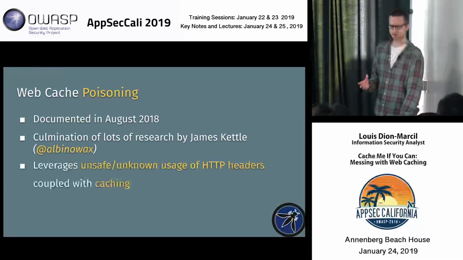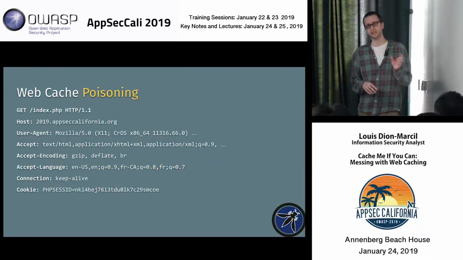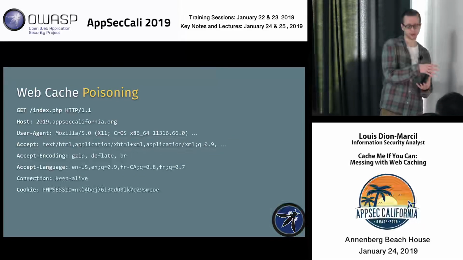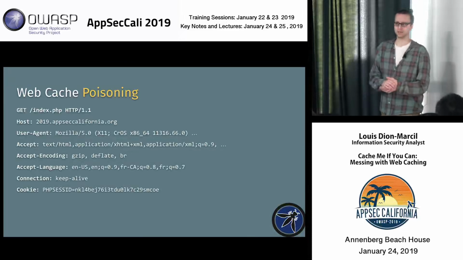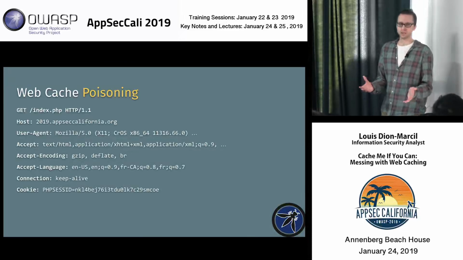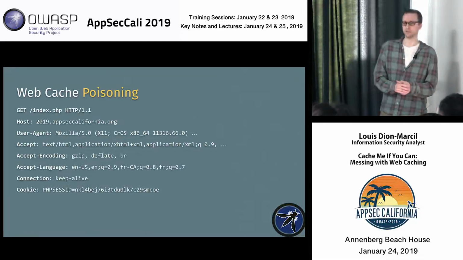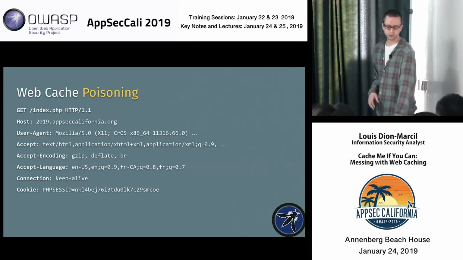So briefly, we talked about caching and how caching works, and we said that the cache server would see the file name and then store a copy and then serve that same copy to everybody else afterwards. But when you think about that, that's a naive way of doing caching, because in the modern web, sure, the file name is going to remain constant, but that's kind of the only thing that is going to remain constant, because browsers are different, languages are different, and even encodings are different.